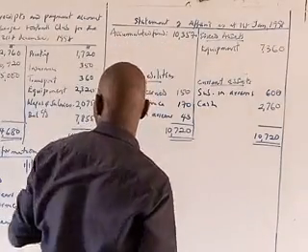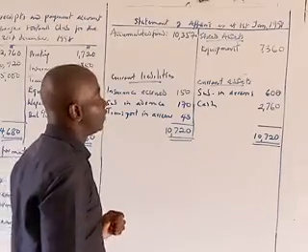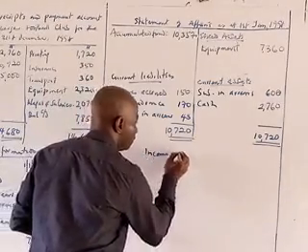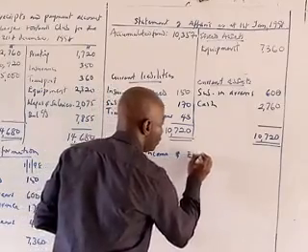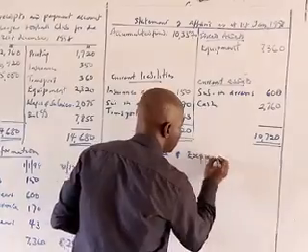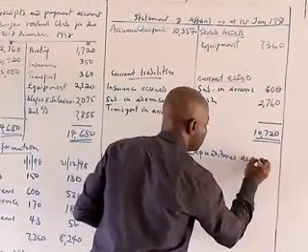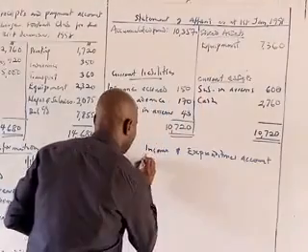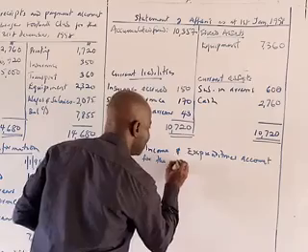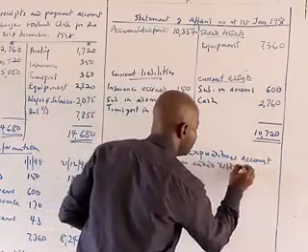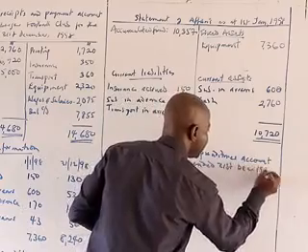We can then go to our income and expenditure account for the year ended 31st December 1998.